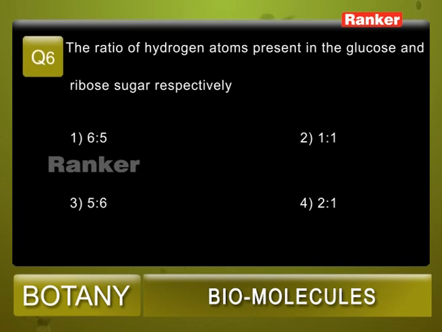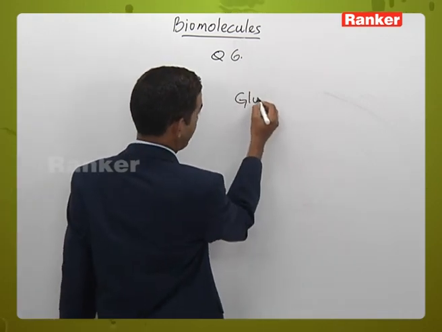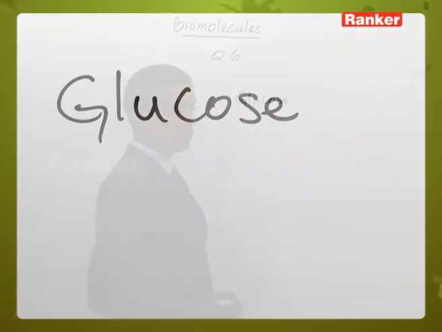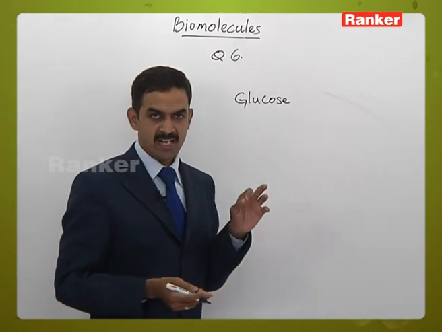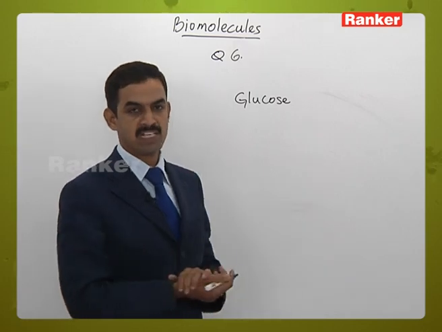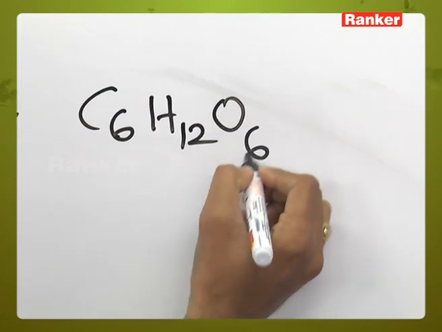Question number 6, the ratio of hydrogen atoms present in glucose and ribose sugar respectively. Options are 1) 6:5, 2) 1:1, 3) 5:6, and 4) 2:1. Okay, here the 2 molecules given in the question are glucose and ribose. Glucose is a monosaccharide which contains 6 carbons, C6H12O6.